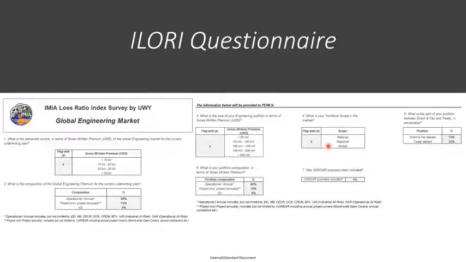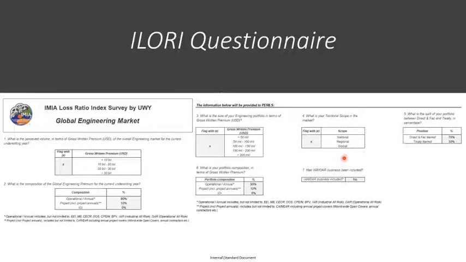We also would like to know if participating companies are operating on a global, regional, or local level. You might have seen for the IMIA rate change index that, for example, the rate changes in the regions were different to the rate changes for the global market, where the complex risks are, compared to the local market where maybe less complex risks are insured and normally remain local.